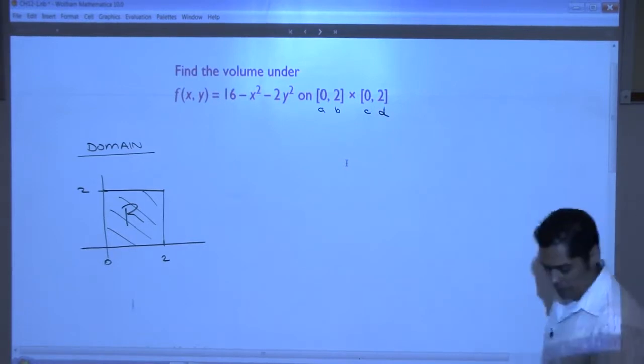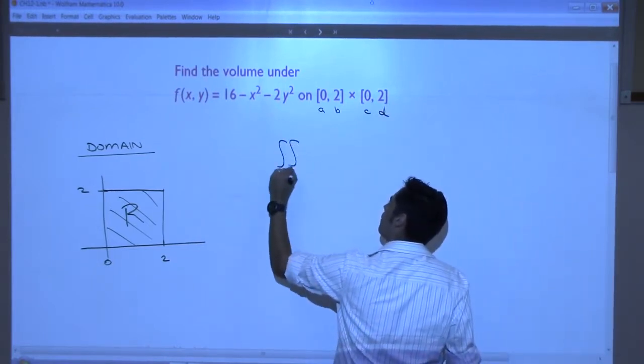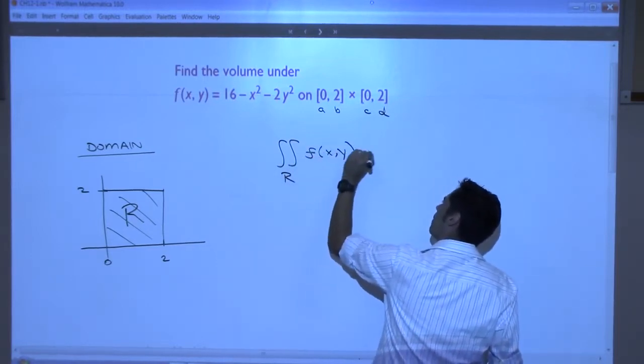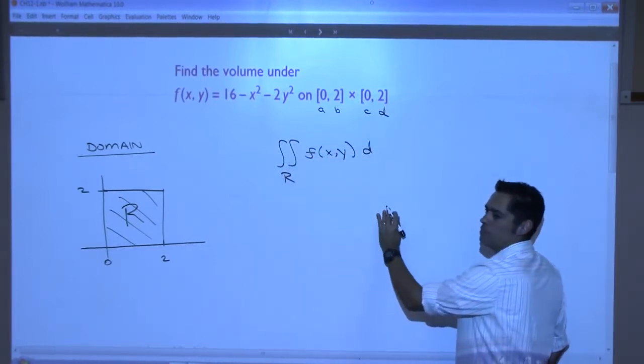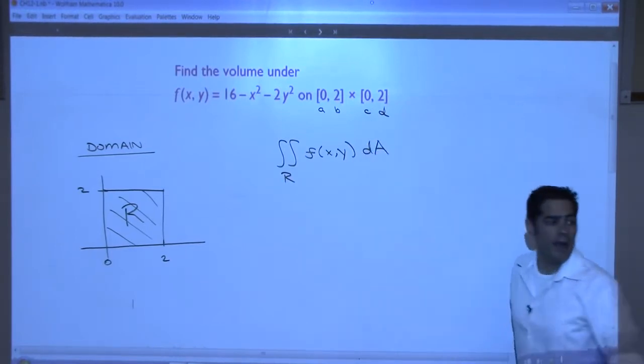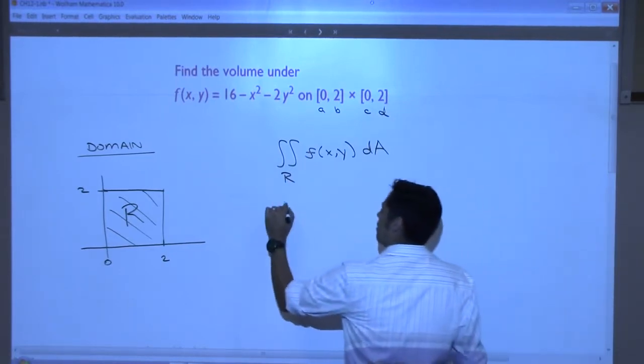So to do this correctly, I'm going to do a double integral over R of f of x, y, dA. Okay, now it's my choice on which I want to integrate with respect to first. So I'm going to write double integral.